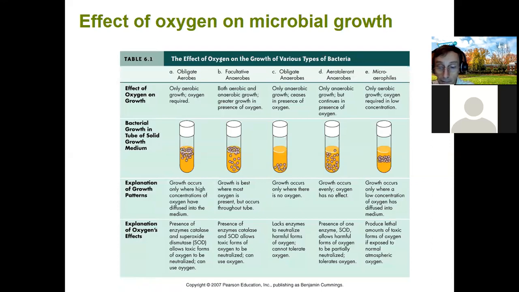An example of that is Helicobacter pylori, an organism that grows in your stomach. And it requires oxygen to grow, but it doesn't like to grow in 21% oxygen. It grows in less, something like 4 to 10% oxygen.